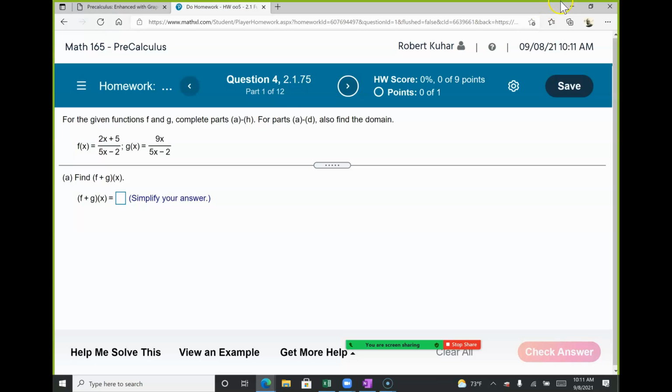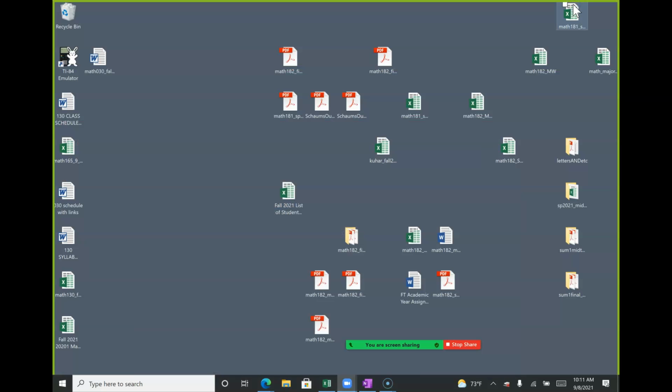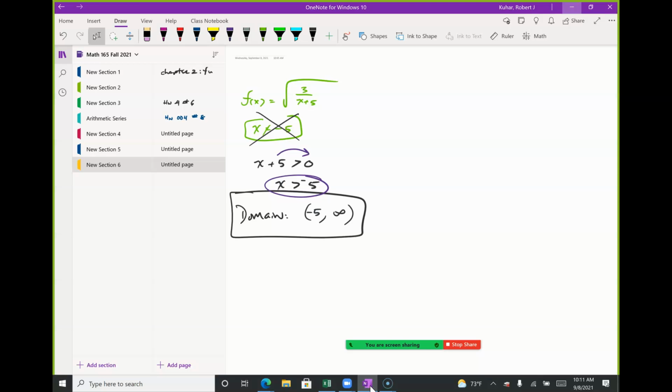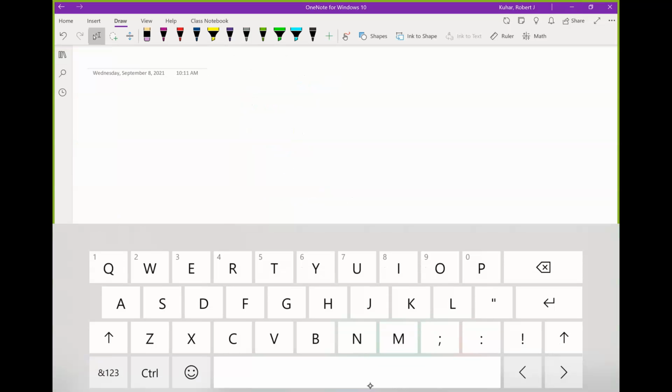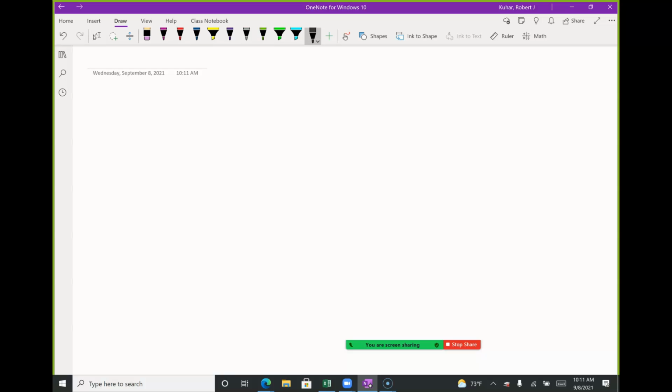So we have the next homework, which is the difference quotient. And this is such a huge part of calculus that we're really going to be stressing it several times during our pre-cal class. We're talking about this special function called the difference quotient.